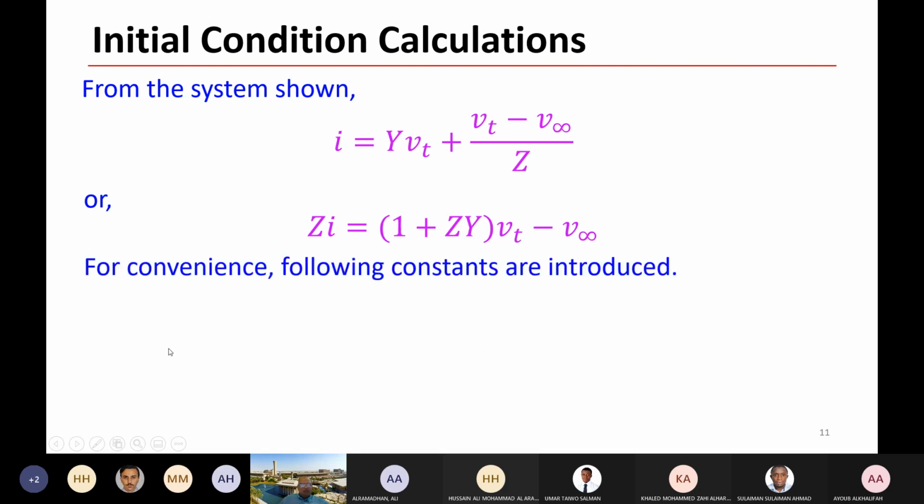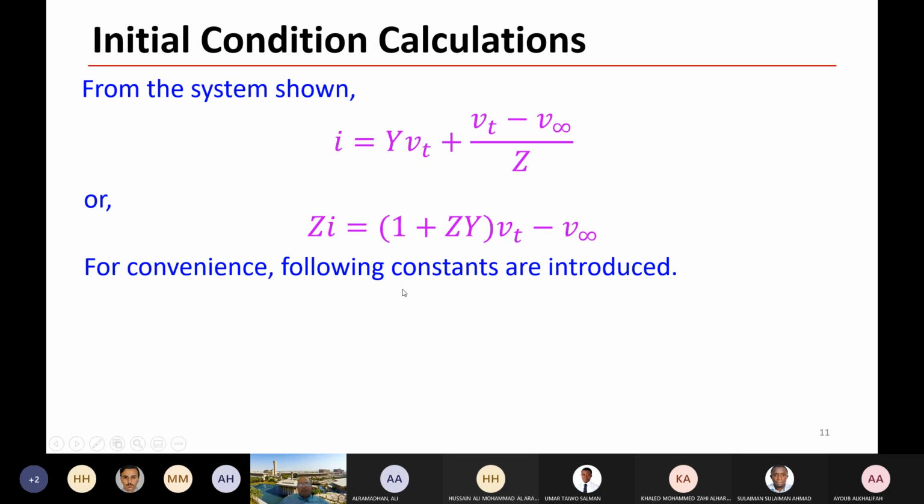And you can, of course, substitute Z equal to R plus jX, and I equal to ID plus jIQ, Y equal to G plus jB, VT equal to VD plus jVQ, V infinity equal to V infinity D plus jV infinity Q. And you can write this, and you can have the real parts equal to each other, and the imaginary parts, so you have two equations from this.